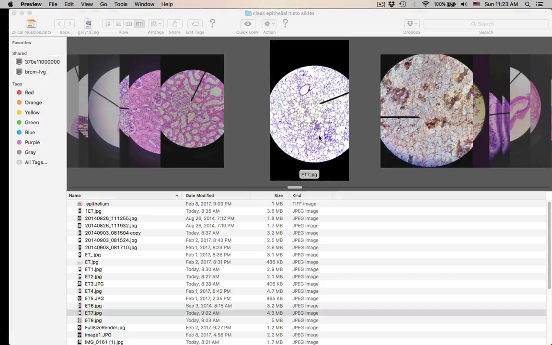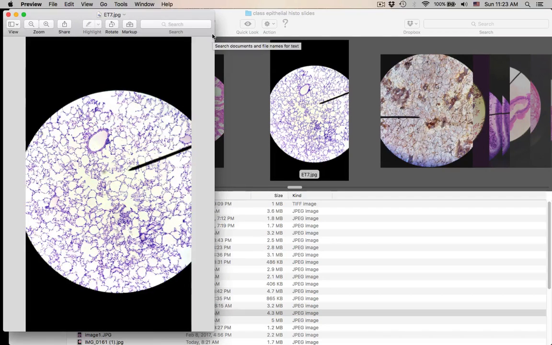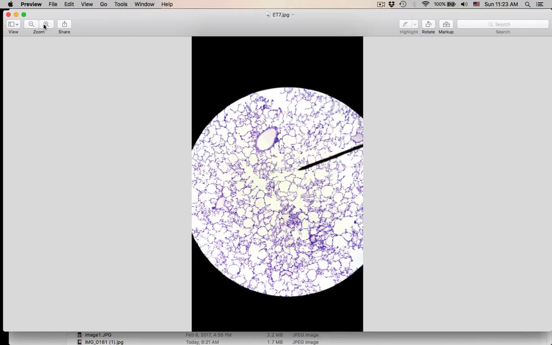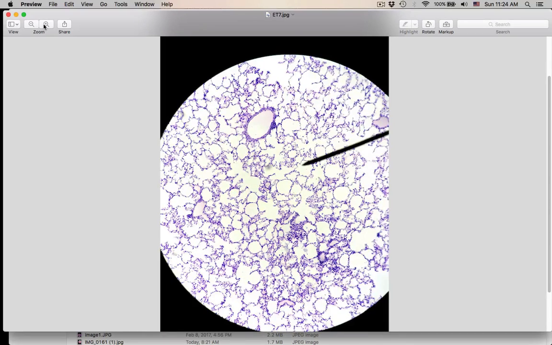Number 15. Pointer in the lumen. What I want you to tell me in this slide is not the name of the epithelial tissue, but the name of the organ this slide comes from. Name the organ. Nothing else looks like this.